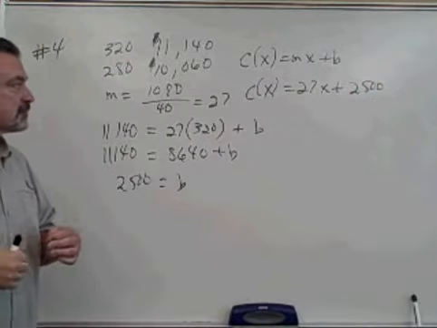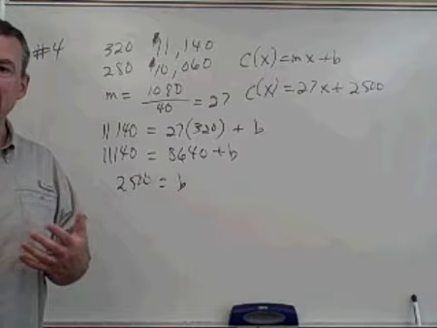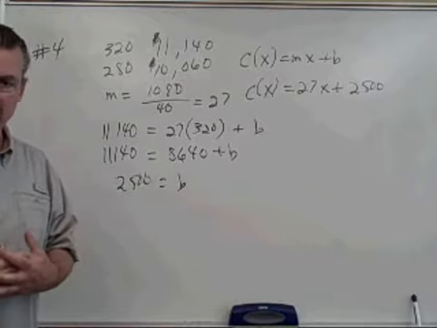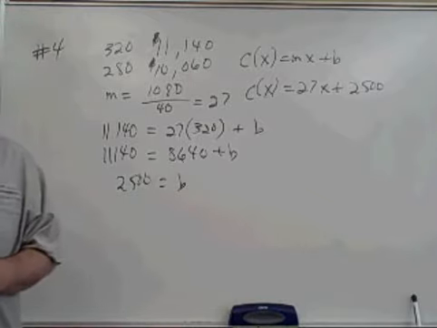And C of x equals 27x plus 2,500 is my cost volume function for the CFAR company.